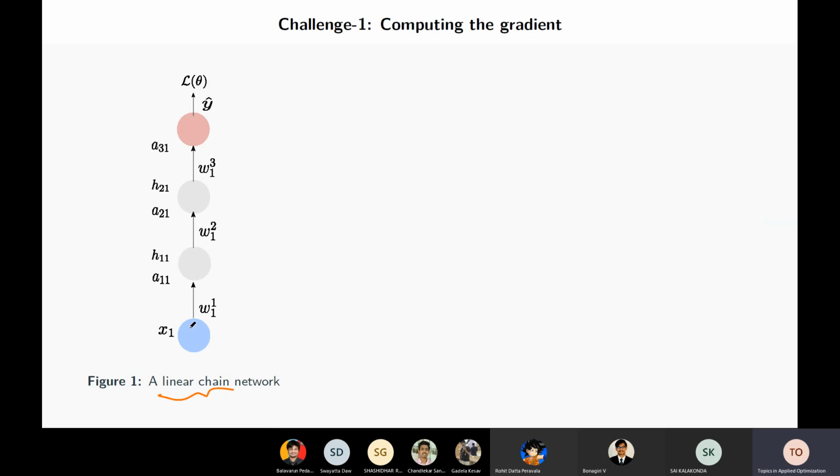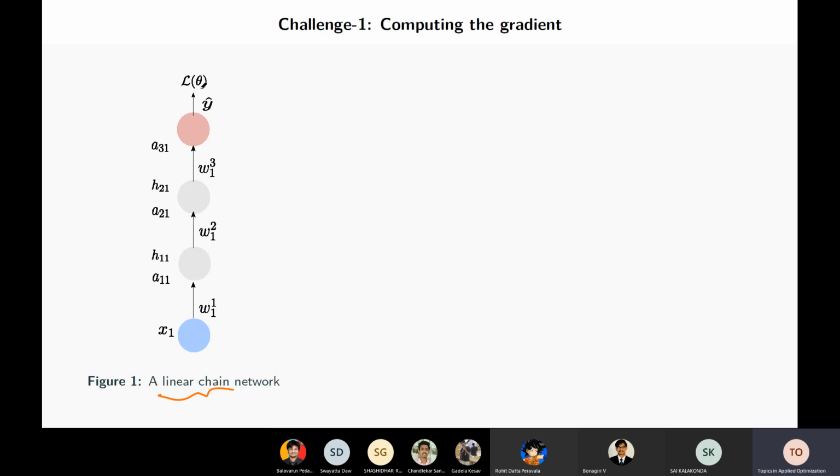It is a very simple case where I have an input x1, and then it goes to another node. I take a linear combination, so it's x1 w11, and I get a11. After activation I get h11, and then I pass it on and do a linear combination again with h11 and w12, and then I get a21, and so on.